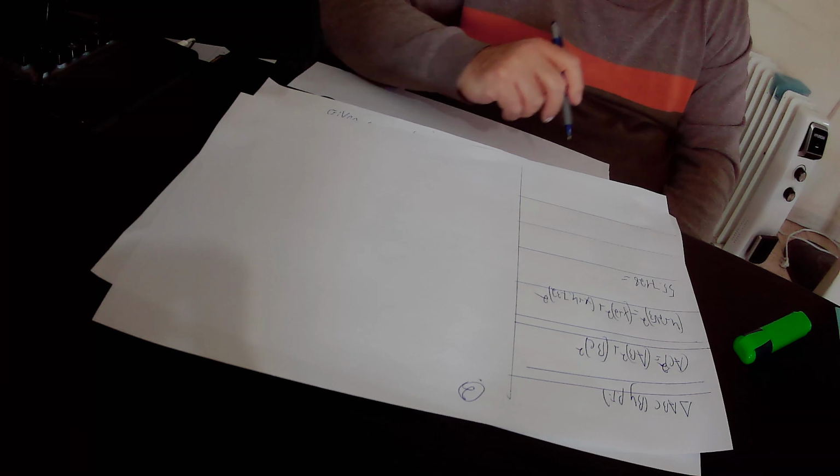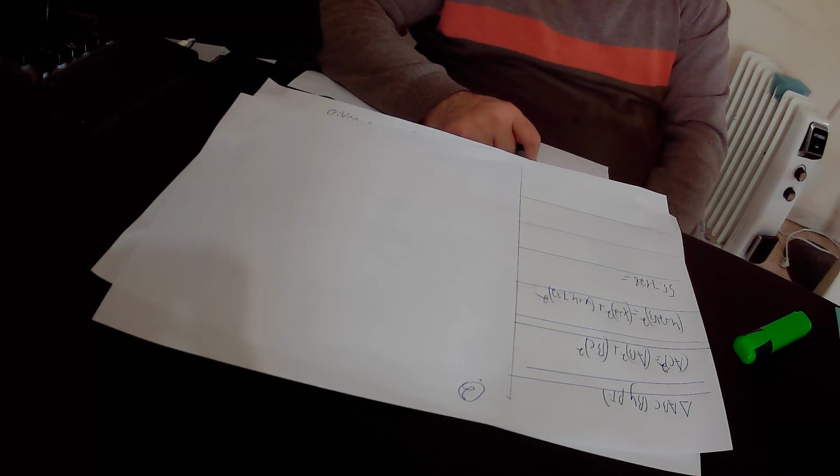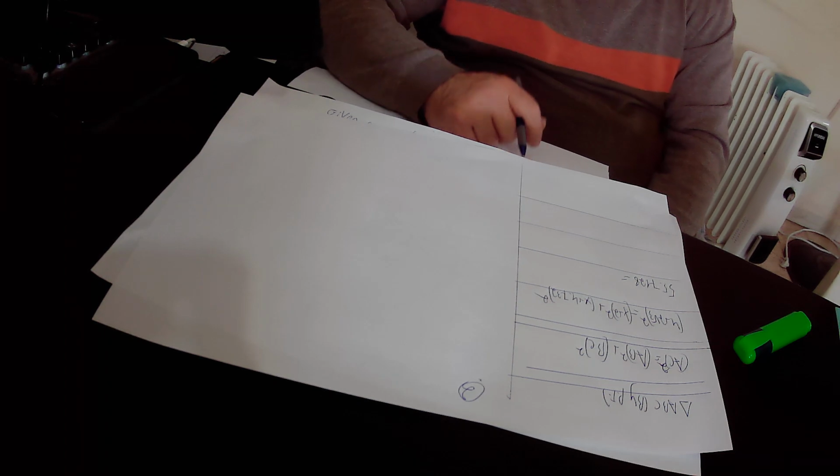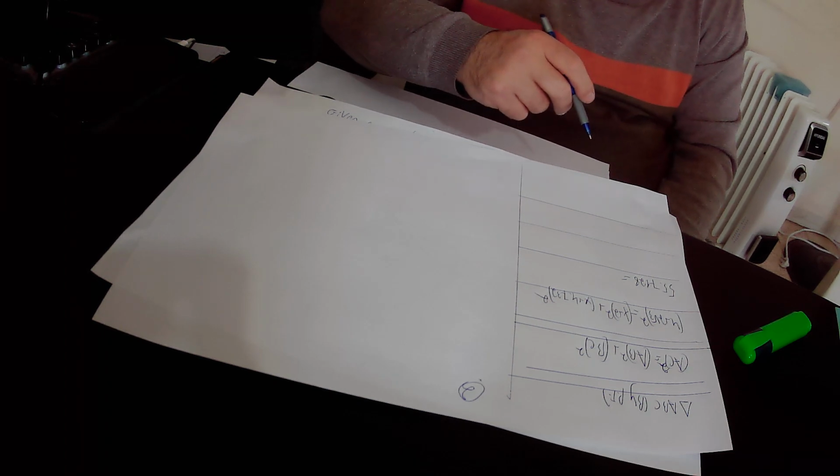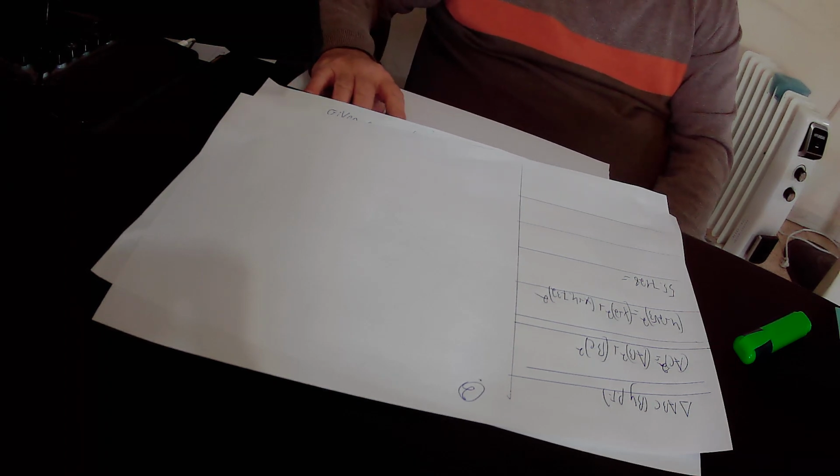And again, 4 plus 2 times square root of 3 squared equals 55.7128, and it equals x plus 2 squared.